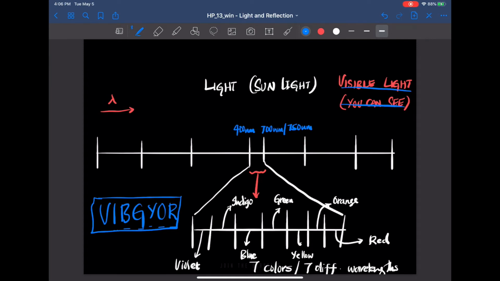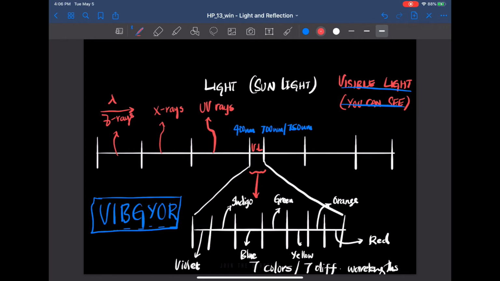What else are the waves that you find inside the spectrum? Let me write this: visible light. Before visible light, you get UV rays. UV rays are ultraviolet rays. And before UV rays, you get X-rays. Before X-rays, you get gamma rays.